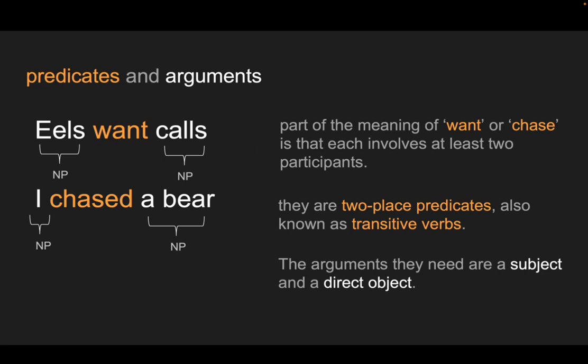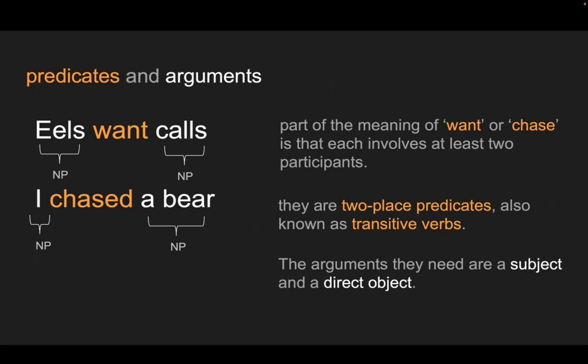I can't chase unless I'm chasing something. I could chase my dog, I could chase a bug, I could chase myself, I could chase my thoughts. I could just be chasing all kinds of things all the time, but if I'm chasing, I have to be chasing something. It's just part of what the verb chase means. Chasing without a direct object is just running, right?